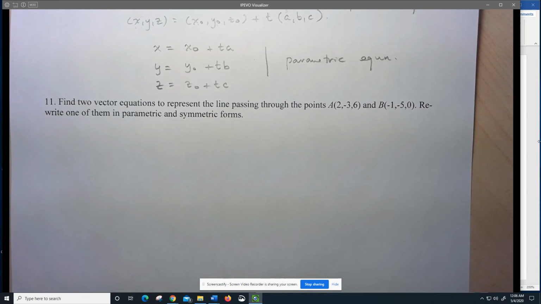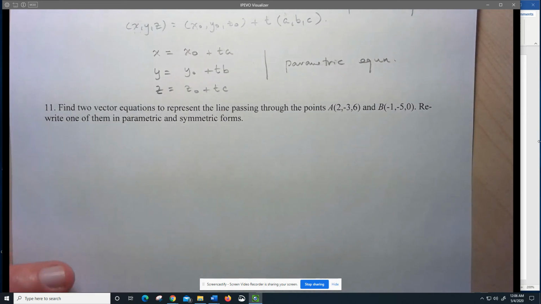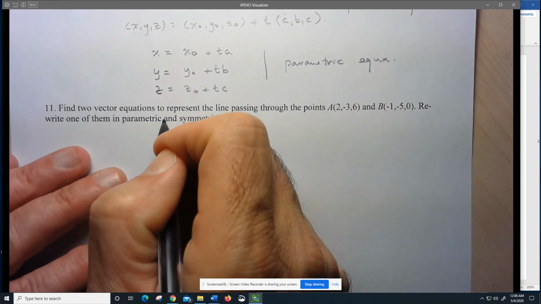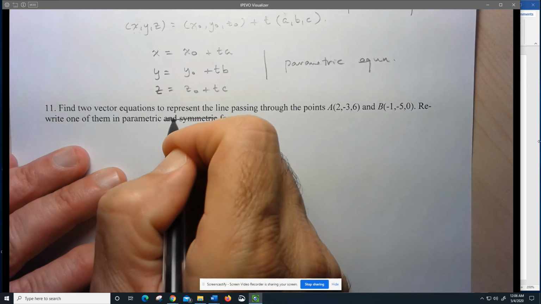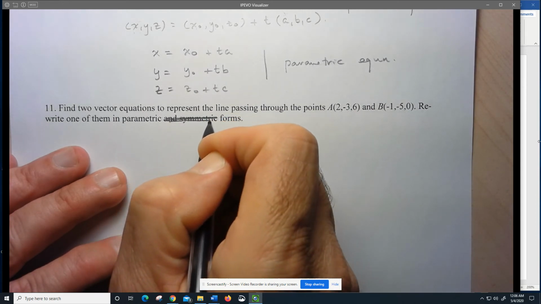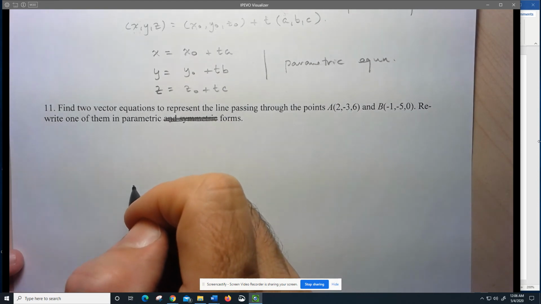It says find two vector equations to represent the line passing through A and B, these points A and B, and then rewrite one of them in parametric form. Oh, I should have taken this off, so we're not going to do symmetric form. There's a third form. You're welcome to look at it in the textbook, but we're going to stick to vector and parametric.